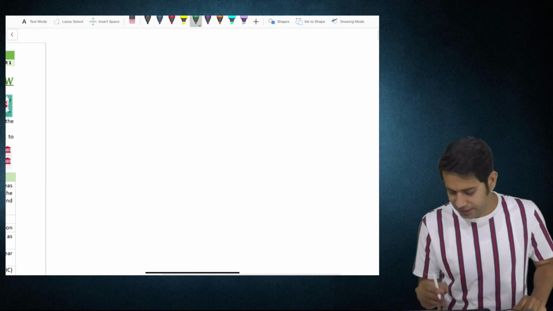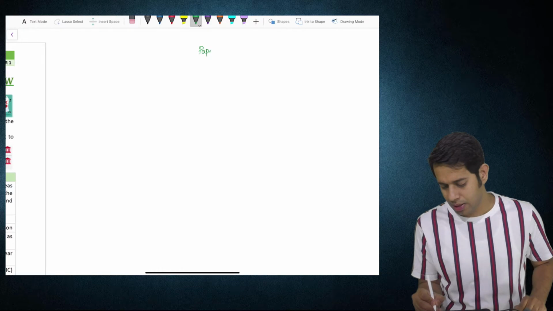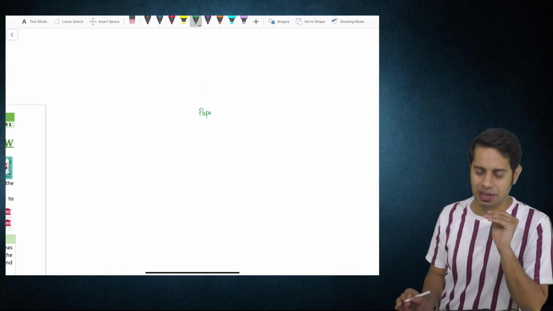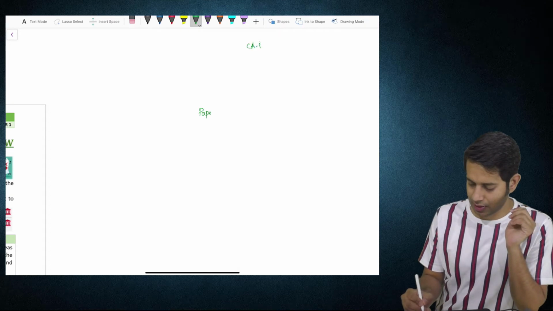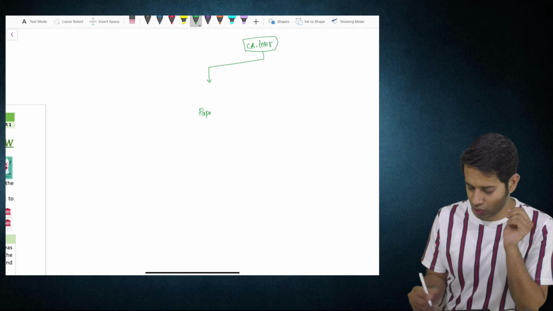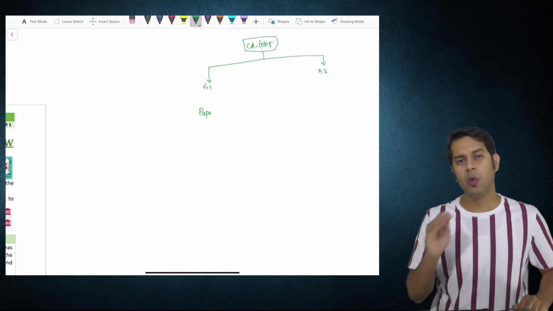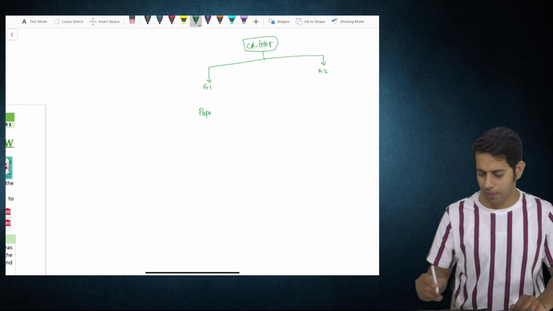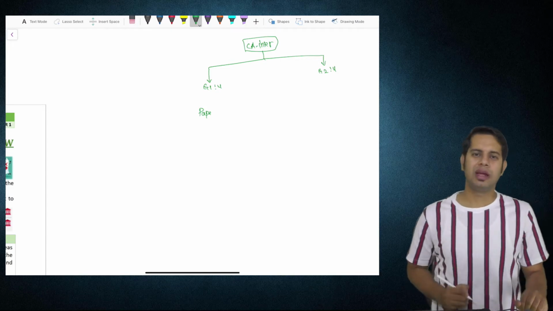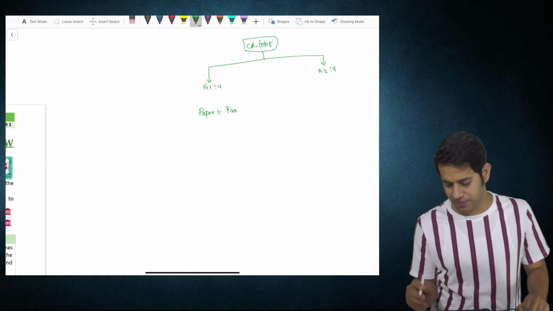Now, there is a paper called paper 4. Those who are doing CA intermediate have two groups, group 1 and group 2. Both of these groups consist of four papers. In group 1, there is one paper called taxation.